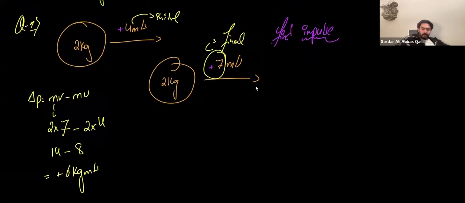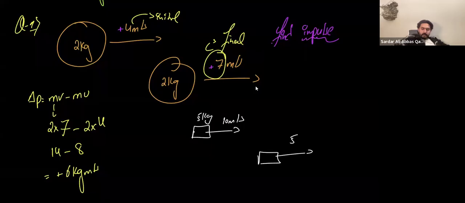Then try this one. I have an object, 5 kilograms, traveling at a speed of 10 meters per second. Its speed decreases to 4 meters per second. Find the change in momentum. What is the change in momentum? And all those students that also watch these recordings, whenever I say do something, you should do that.